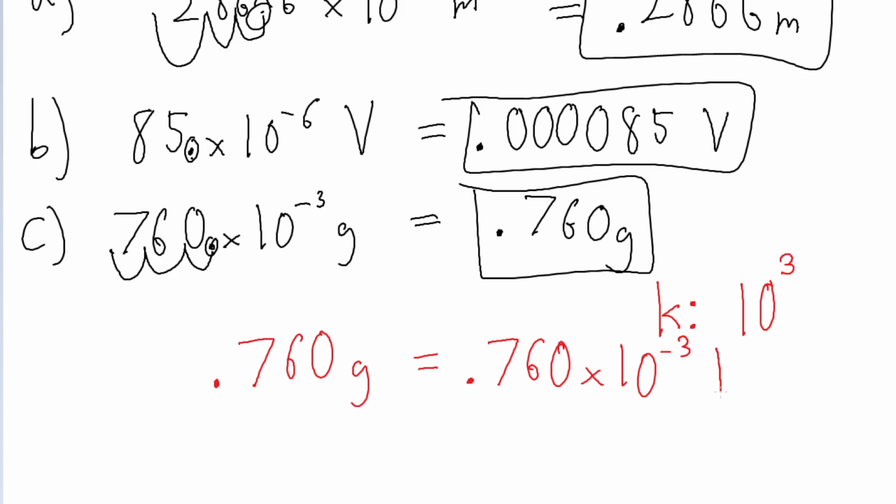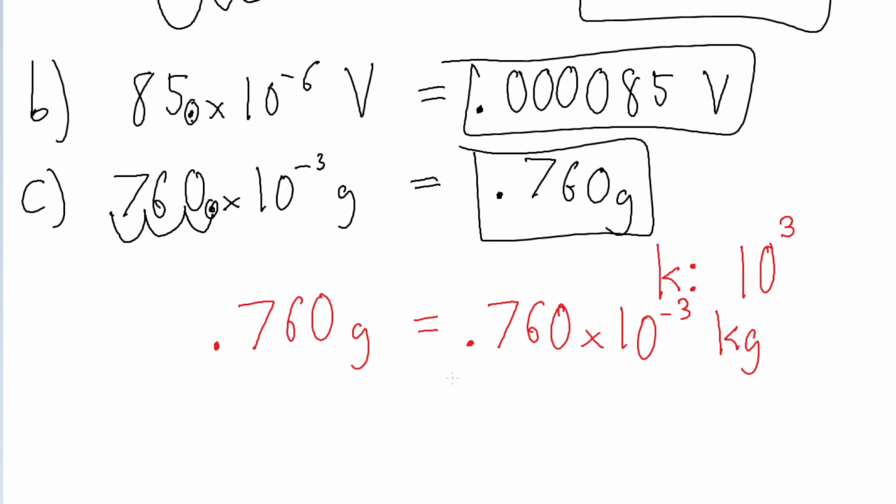So it's 10 to the power of negative 3 to get the kilograms there. So once again, we're going to be taking this decimal point and moving it 3 spots to the left to make our quantity look even smaller.